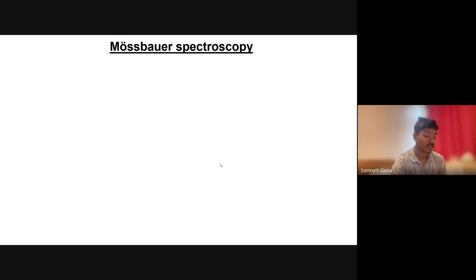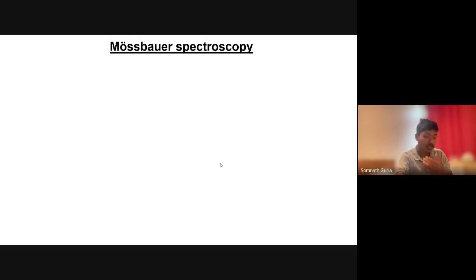It is different from similar absorbance spectroscopy like UV-visible spectroscopy or IR spectroscopy. Here we are providing huge energy, that is called gamma ray. Now the question is, what is the source of the gamma ray?